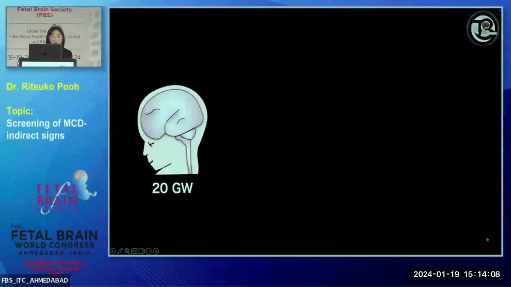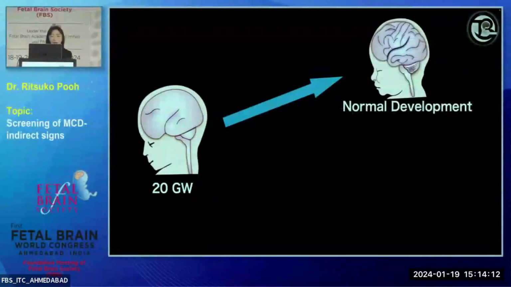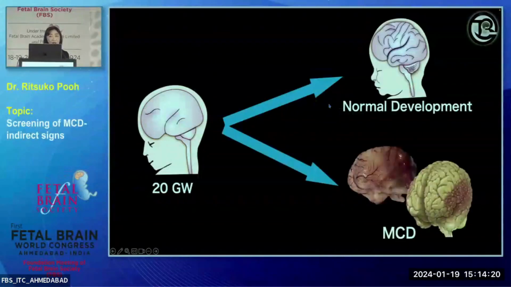Now this is a 20-week baby, and whether this brain is going to develop normally or develop an MCD, who knows. However, as I told you, the gyrification is very conspicuous in late pregnancy.